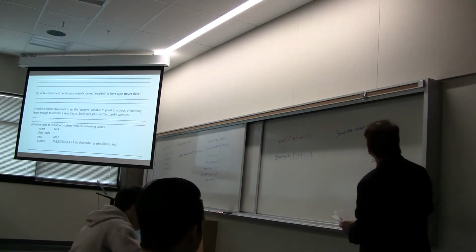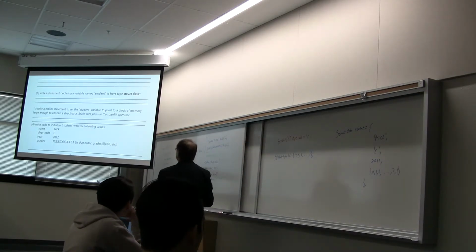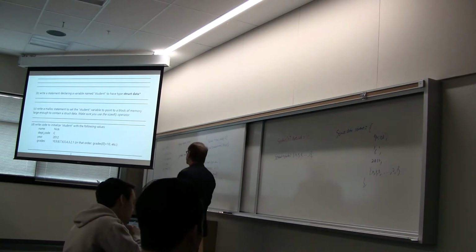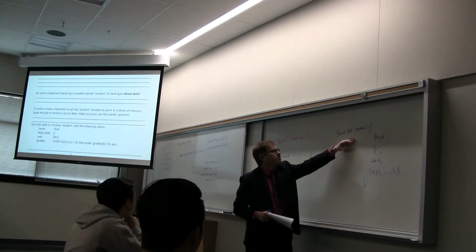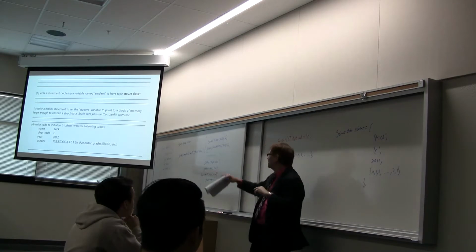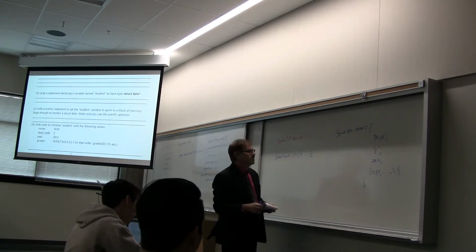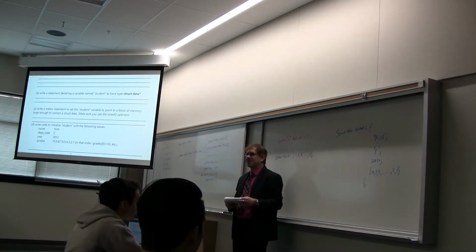The problem with this is not the same student that we defined in part C. In part C, we created student to be a pointer to a struct node, and we set it to point to some block of memory. And then in part D, I wanted you to initialize the values of that variable. This actually creates a new variable, which is no longer a pointer, it's actually a struct data, and has nothing to do with what we did in parts B and C. But it will initialize it, so if you're just trying to initialize a structure, that's valid syntax.